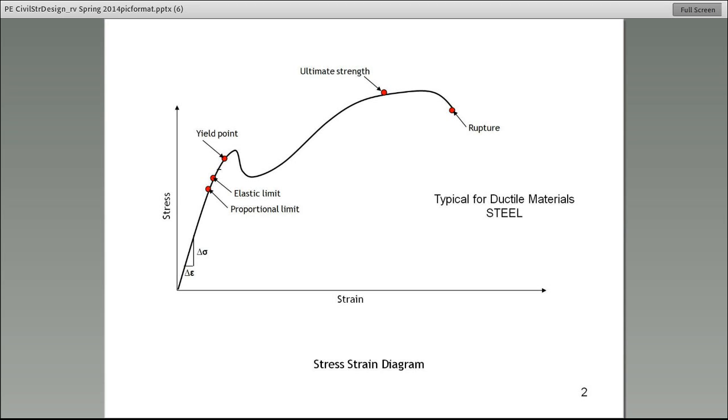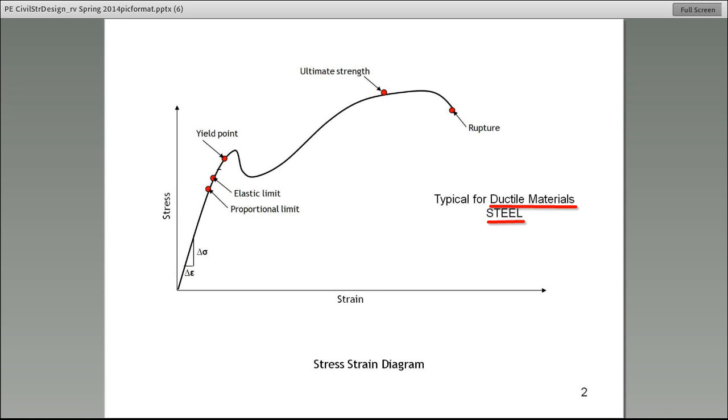I want everybody to make a note of that. Ductile materials. All right. So ductile materials exhibit a stress-strain relationship as depicted by this curve. And obviously, I say steel. So steel is an example of a ductile material. So who can tell me what a ductile material is?